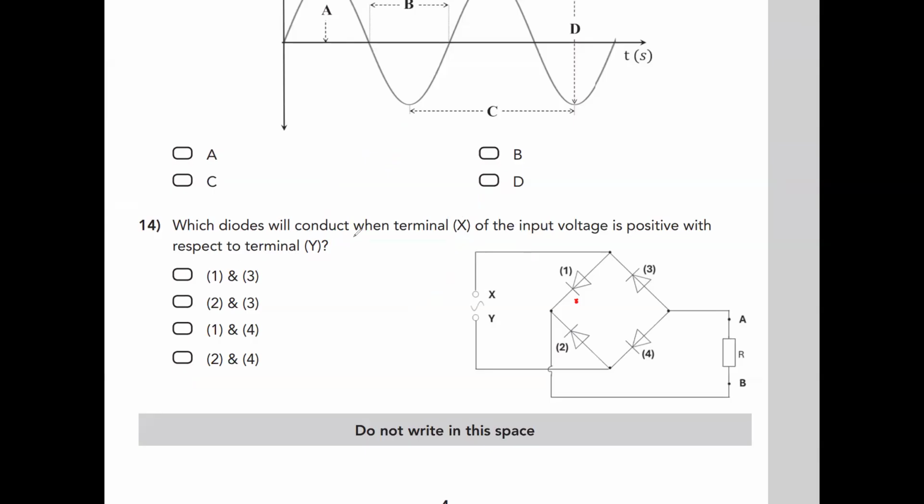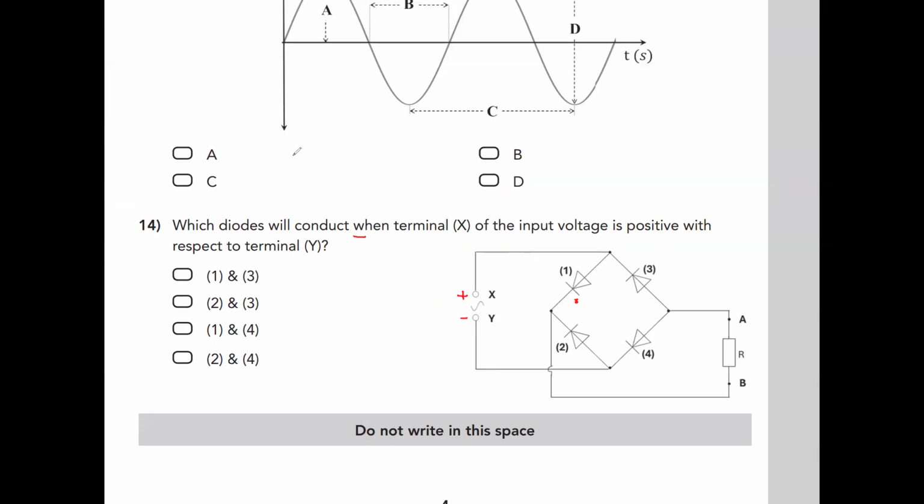Which diode will conduct with terminal X of the input positive with respect to Y? So which diode is used for this? We have 4 diodes over here. So first of all, X is positive and Y is negative. Before solving this question, you have to understand one thing.